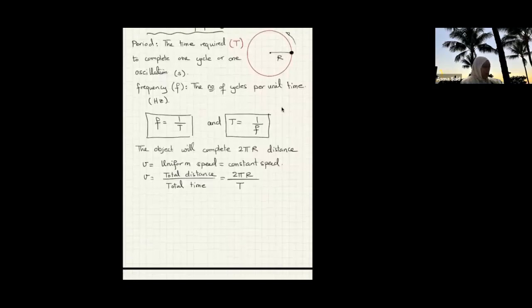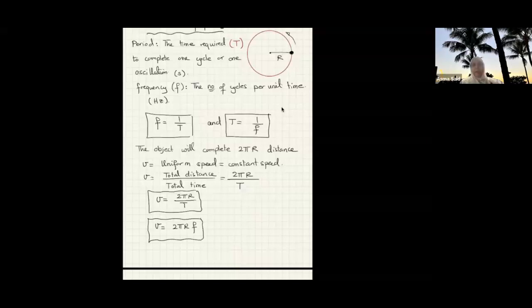Then I can connect v with the period in this relation. I can also write another equation connecting it with the frequency. Then the speed of the object has to do with the period, and it has to do with the frequency.